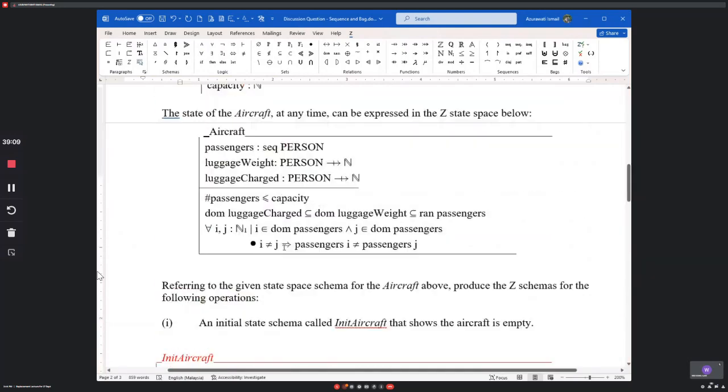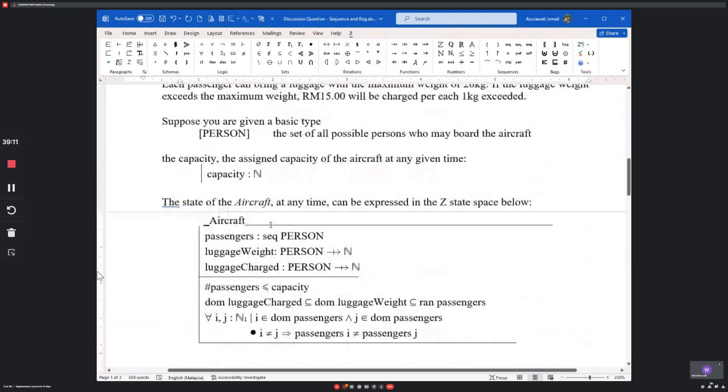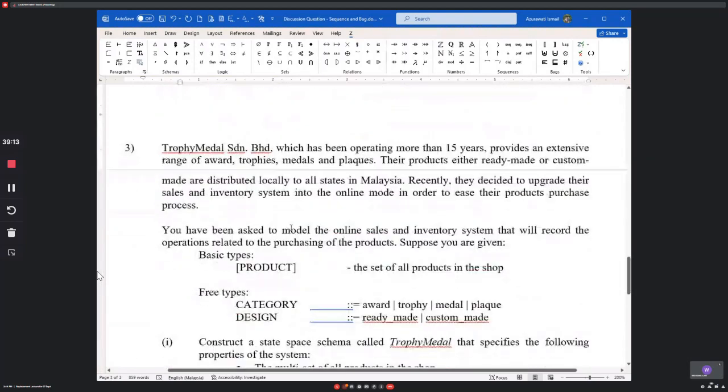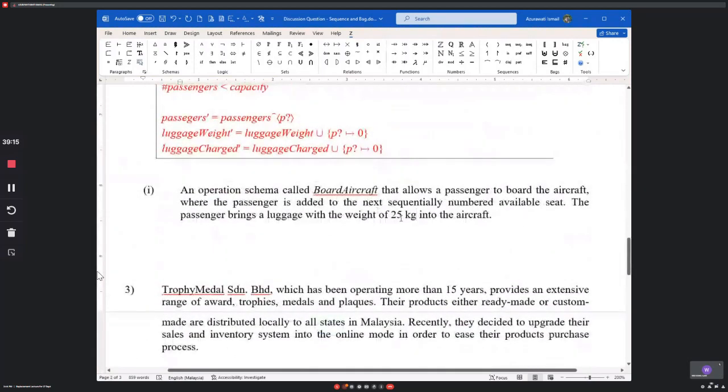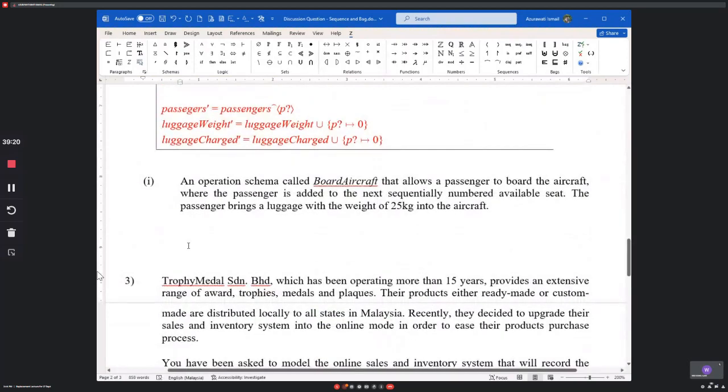Let's say the weight is 25 kilogram into the aircraft. Assuming I have another question where the passenger brings a luggage with a weight of 25 kg into the aircraft.